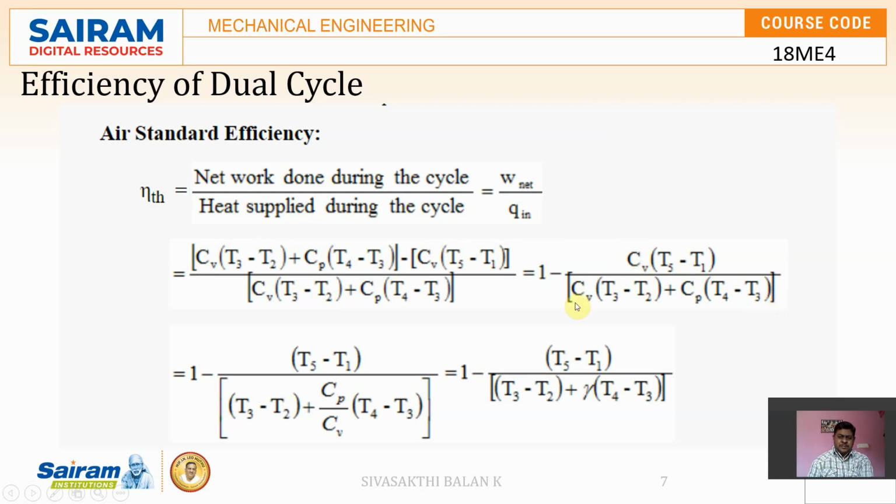And remove Cv in both numerator and denominator in the second part of this equation, you will get T5 minus T1 divided by T3 minus T2 plus Cp by Cv into T4 minus T3. We know that Cp by Cv is nothing but gamma.